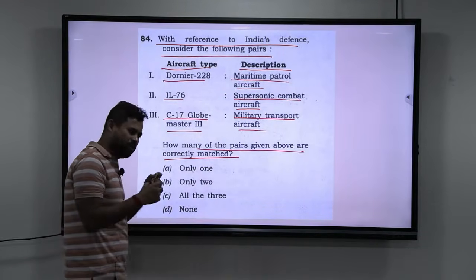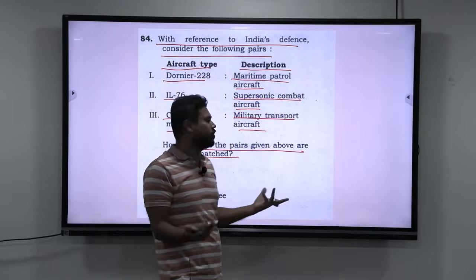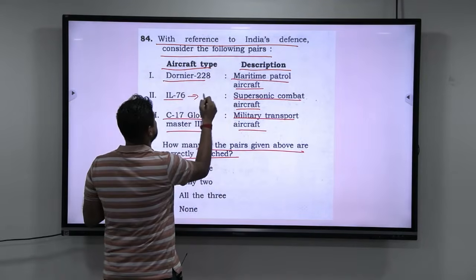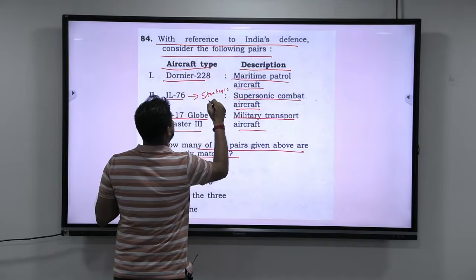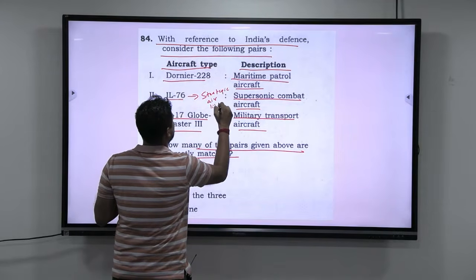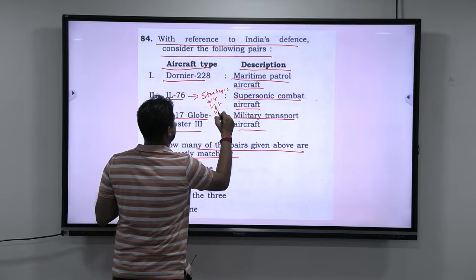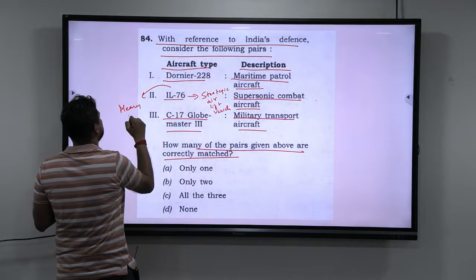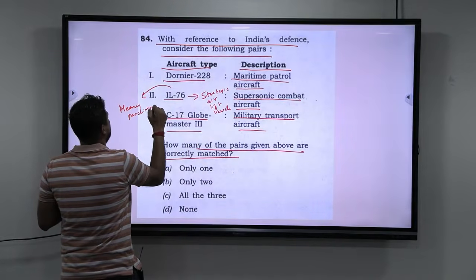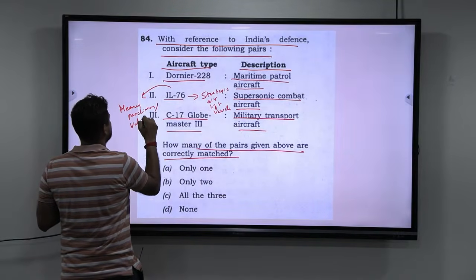Okay, let me give you the answer straightforward because there are no lines of thought here. Now see, this IL-76 is a strategic airlift vehicle. So basically, the IL-76 is used to lift heavy machinery or heavy machinery vehicles.